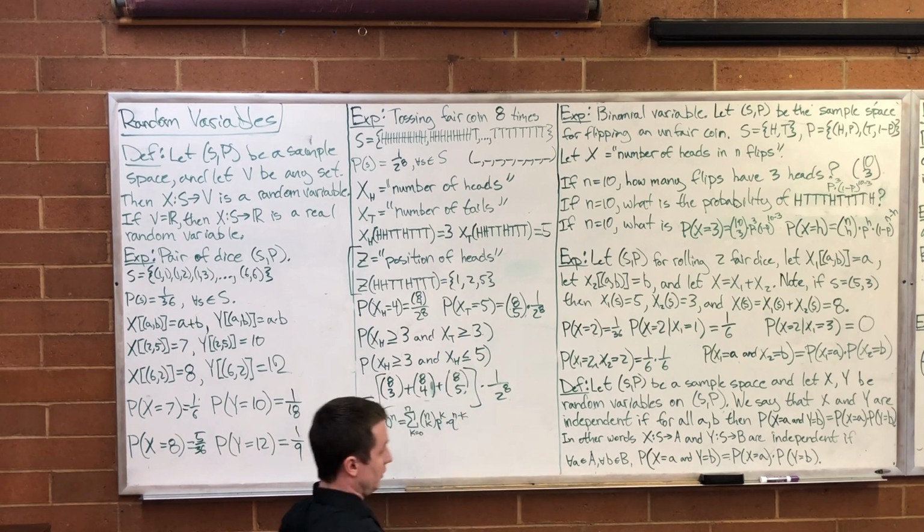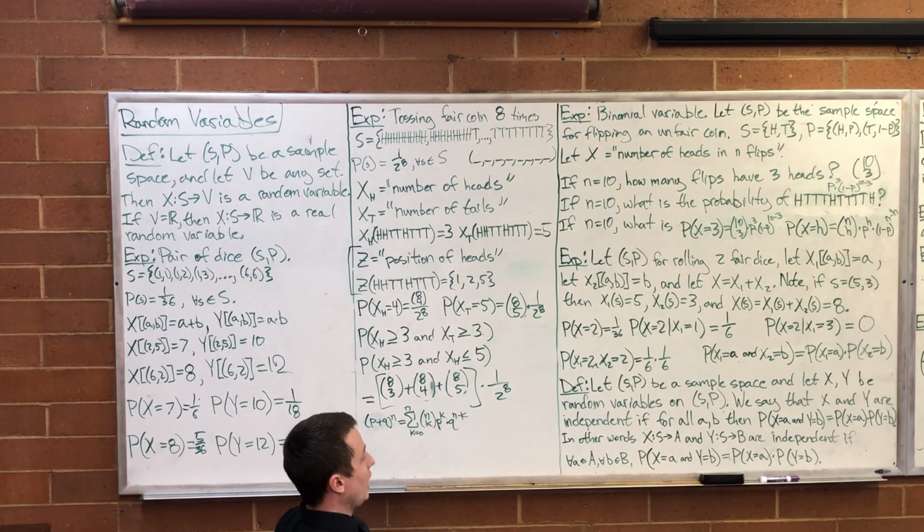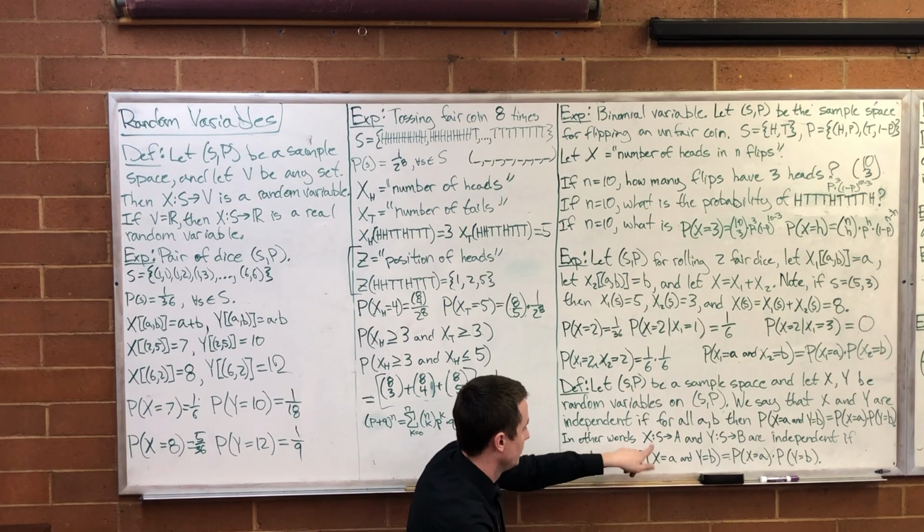Anyway, so let's do the definition. Let SP be a sample space and let x, y be random variables on SP. We say that x and y are independent if for all A, B, the probability that x is equal to A and y is equal to B is just the probability that x is equal to A times the probability that y is equal to B. In other words, more explicitly, I like it this way better.